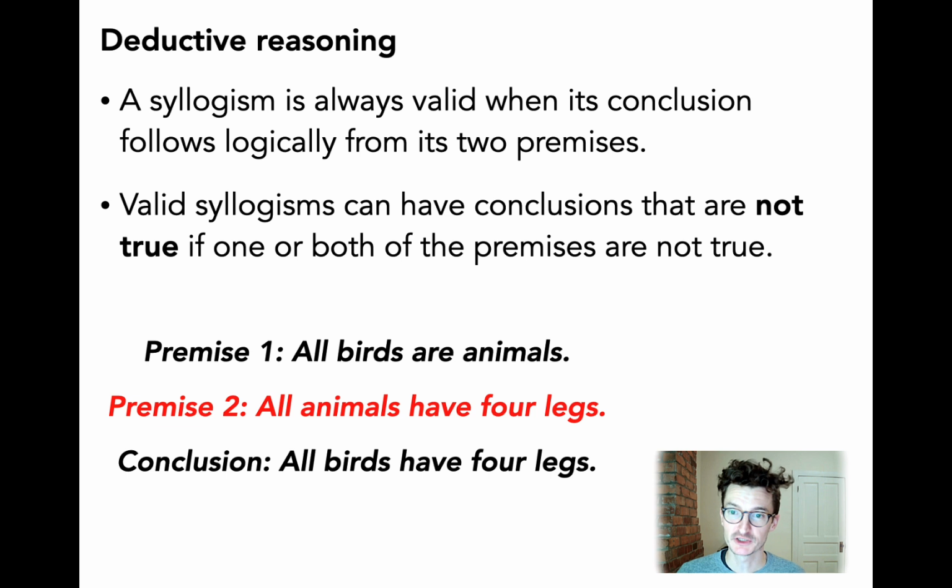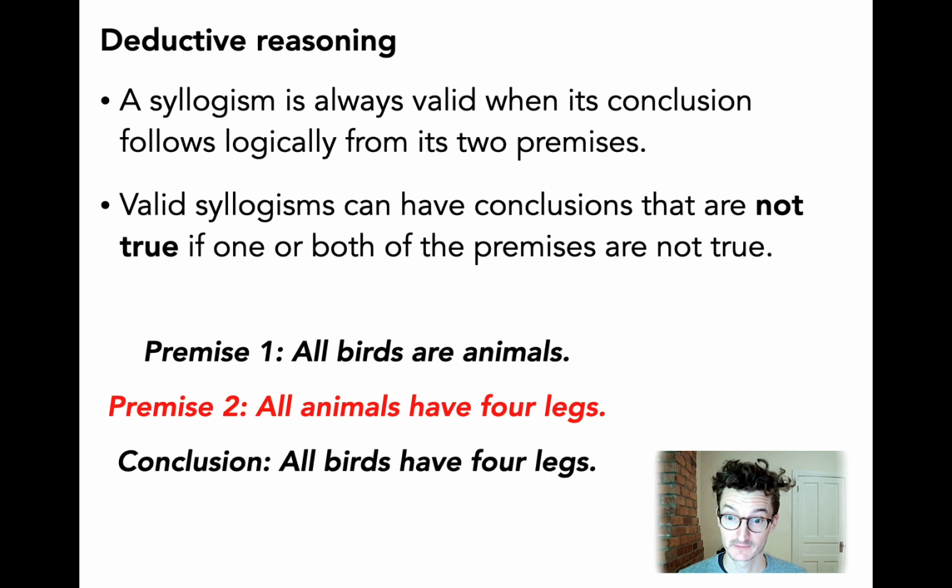Now, just because a syllogism is logically valid doesn't mean that it's true. So if one of the premises is false or not true, we could still have a valid conclusion that is a false statement. So here's an example. Premise 1, all birds are animals. That's correct. Premise 2, all animals have 4 legs.